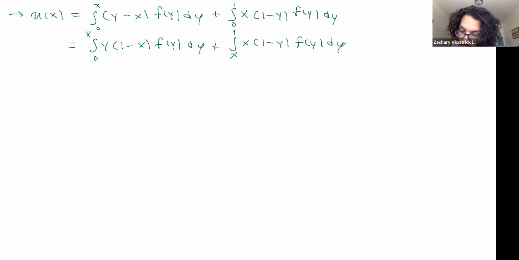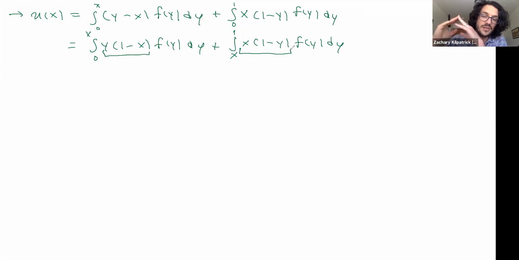And so what I have is a separate integral from 0 to x and x to 1. So I can actually just define a piecewise function now that is defined from 0 to x and from x to 1. This is my Green's function from 0 to x. This is my Green's function from x to 1. And then I have, lo and behold, a singularity at x, which is where I should expect my singularities to be, okay?